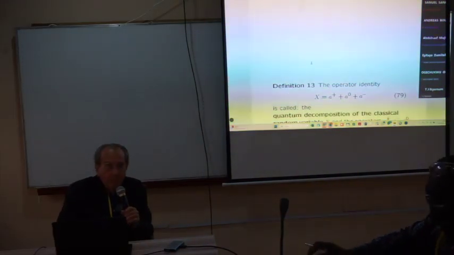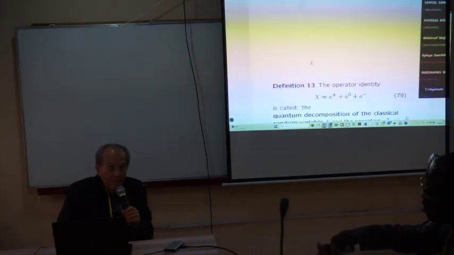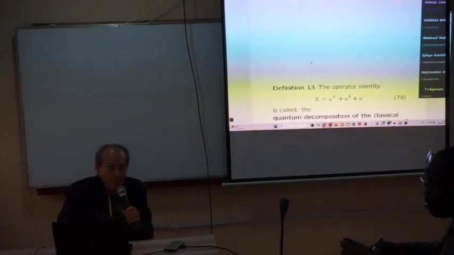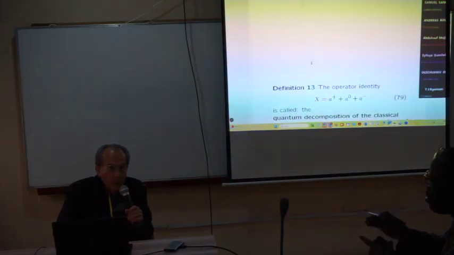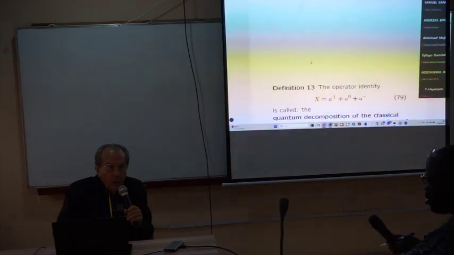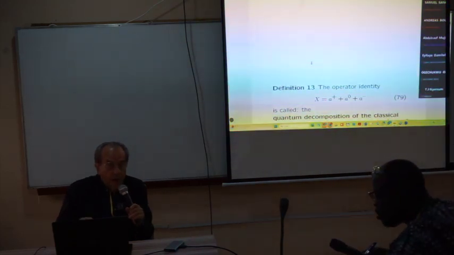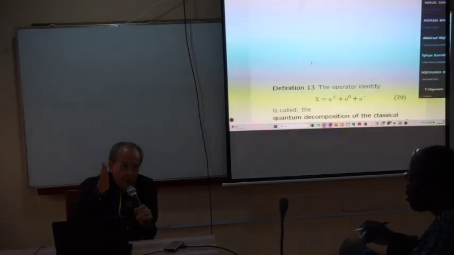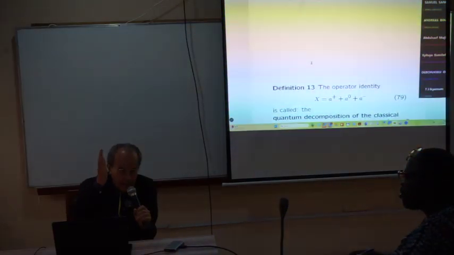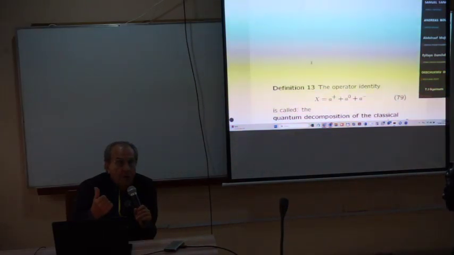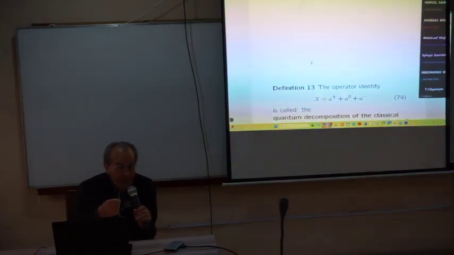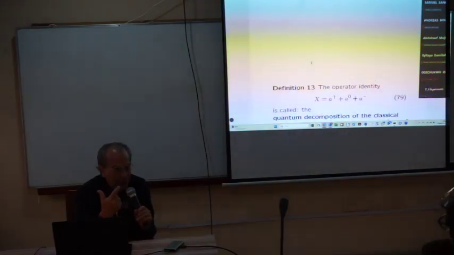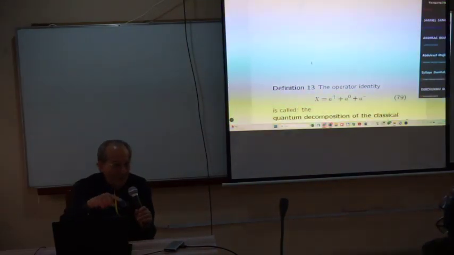Is there any difference between the creator and the right shift, and then annihilator and the left shift operators? Yeah, in the monic basis, the creator is identical to the right shift. Right. But the annihilator, remember, the scalar product is not just the L2 scalar product.